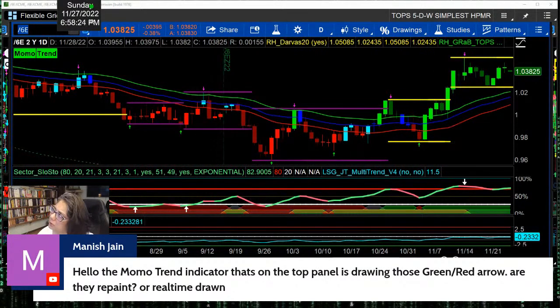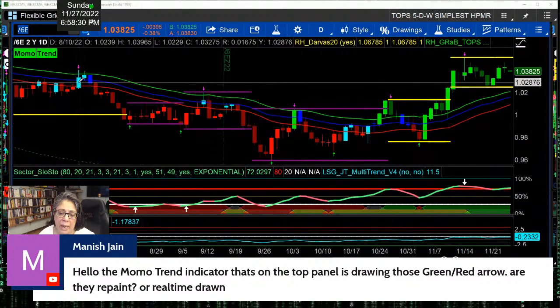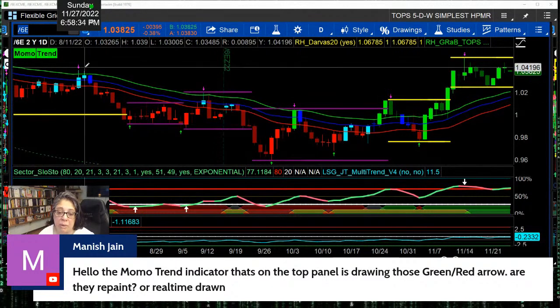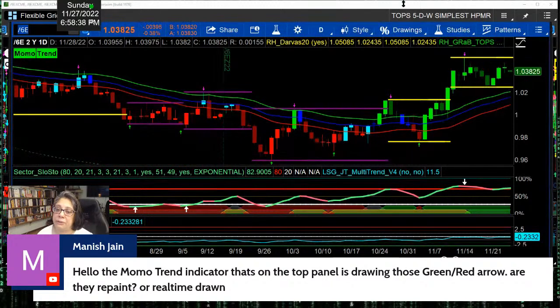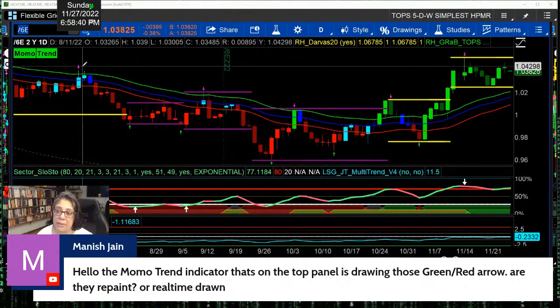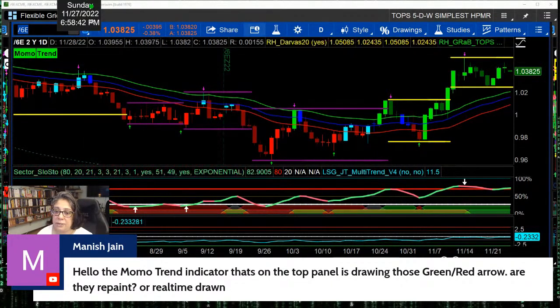In terms of, does that one repaint, bot? Well, let me put it this way. If I make a higher high, it will repaint. But then the pattern never did fire. I know it's a little confusing, but the simple answer is no on the arrows. It's looking for a pattern.